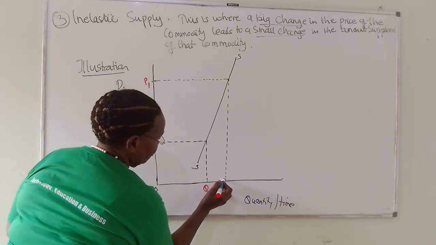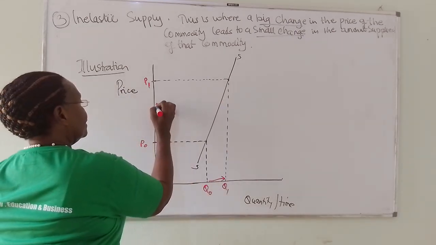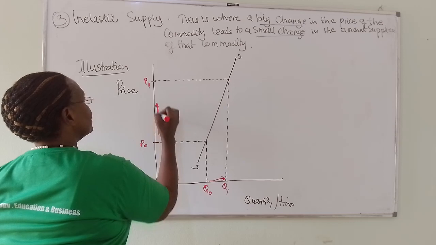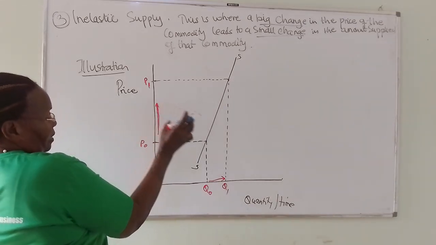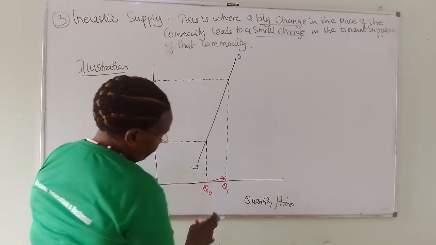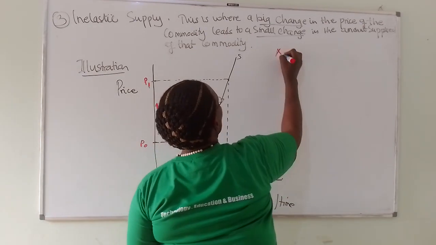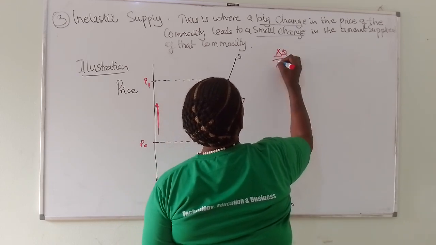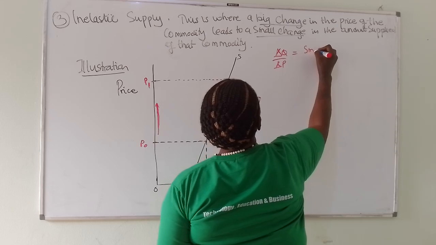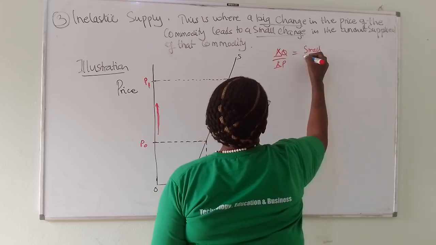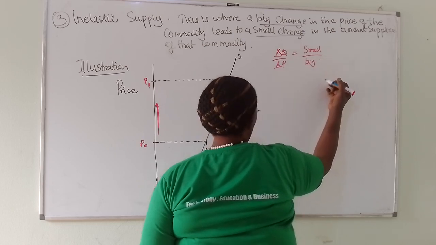You are moving only from there to there, yet the increase in price was a big one. So you have a big change in price and a small change in quantity supplied, and in our formula it was change in quantity divided by change in price. So now you have a small change in quantity followed by a big change in price.